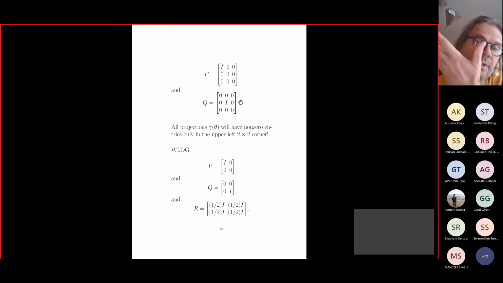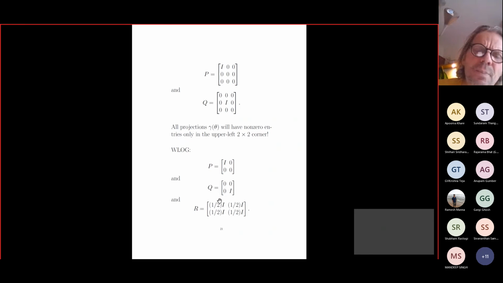which are orthogonal, so they have such a matrix representation. You forget about the last row and the last column. Everything will happen in this upper 2 by 2 corner. So actually you have such a situation. P is such a simple projection. Q is like the orthogonal complement.